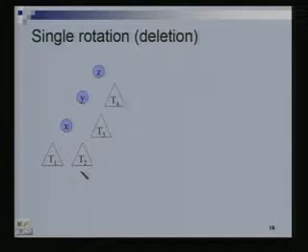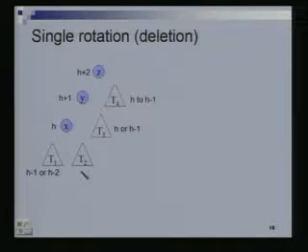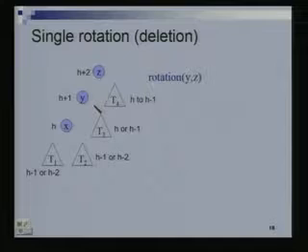So let's do a rotation now to see what needs to be done. These are the various heights that we have seen. This is what we argued on the last two slides. Now what kind of a rotation should I do? I'll do a rotation YZ once again, similar to what I did in my insertion.